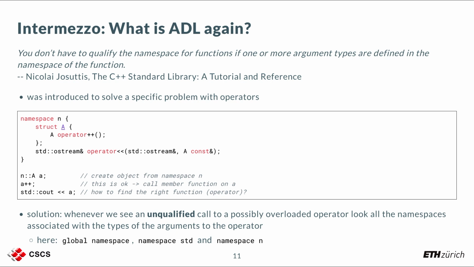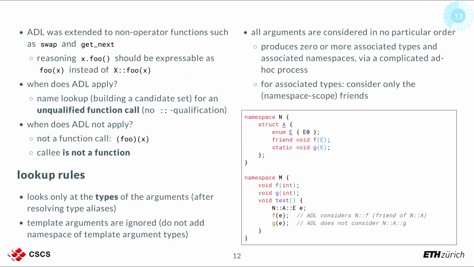That's pretty nifty. So we can write this now, and we're all used to writing stuff like this. But ADL was not only used for operators, it was extended to all functions. And the reason, again a historic reason, was probably that x.foo, the member function, should probably mean the same as foo of x.